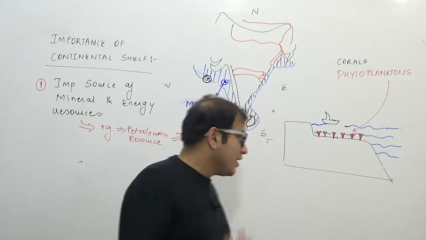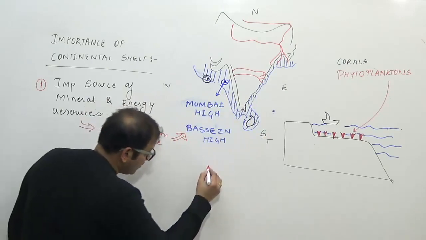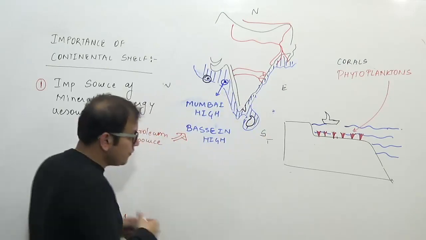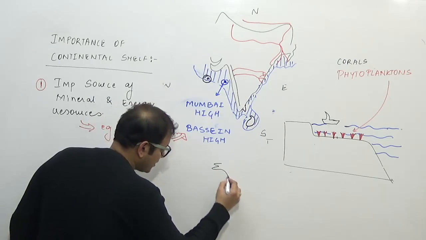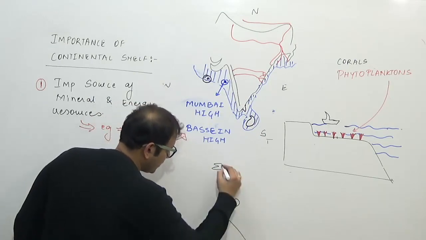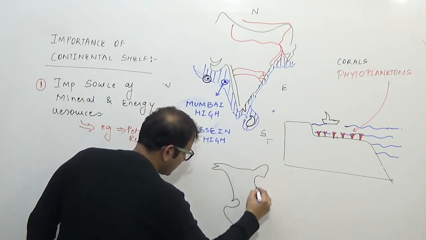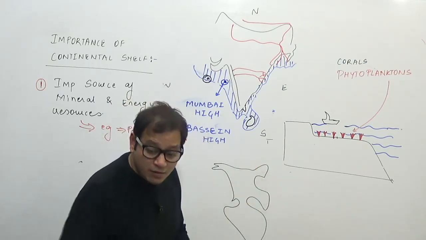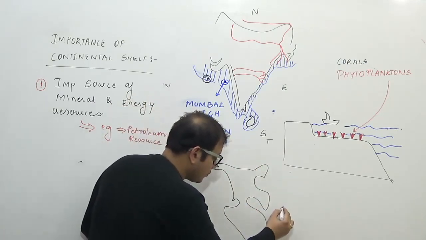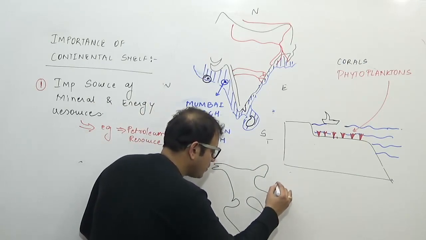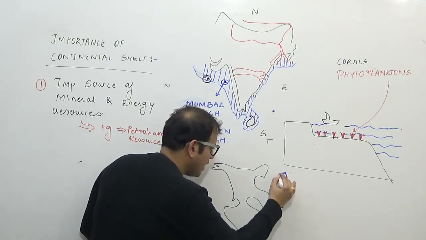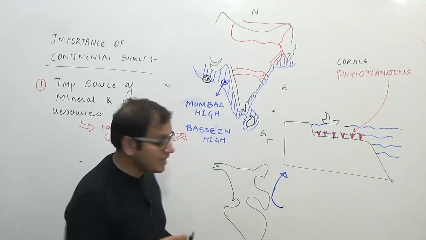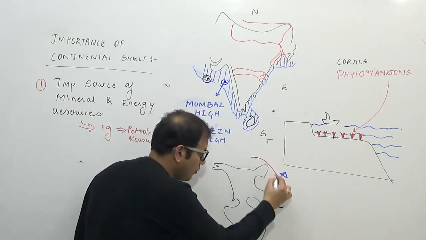In fact, if we have seen the world map, if you remember, the largest fishing areas are concentrated in the areas where there is a meeting up of cold and warm currents. Why? Warm currents, ocean currents, originate in the equatorial regions, and the cold currents originate in the polar regions.